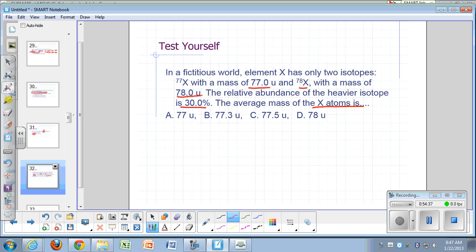So if you had a periodic table in this fictitious world, what number goes as the atomic weight of element X? Is it 77, 77.3, 77.5, or 78? So it's 30% of the heavier isotope.